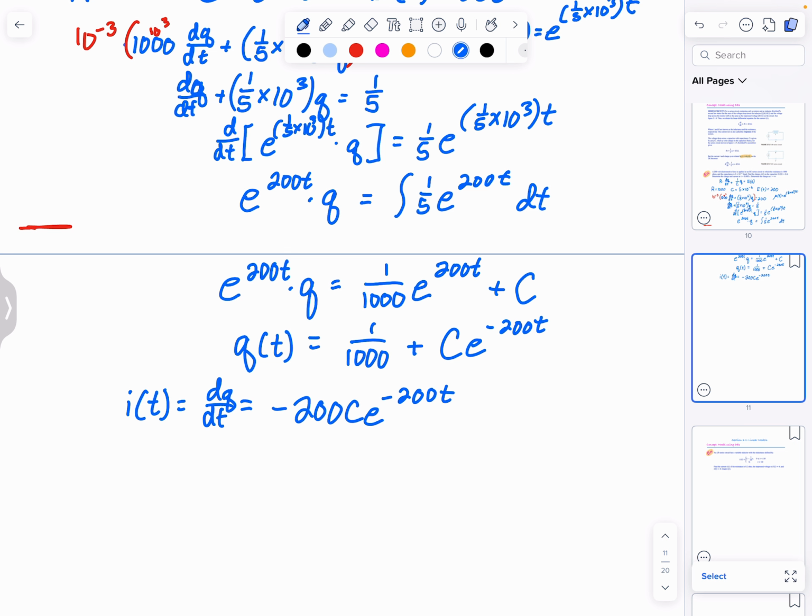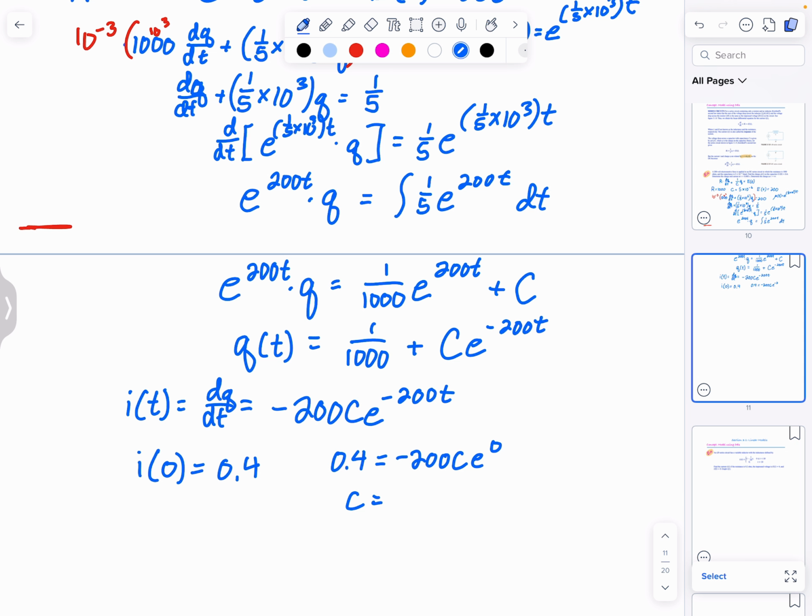The reason I did that is if you go back up, they gave me an initial condition, but with I, not with q. So I'm going to use this initial condition now to find the c. I know it's the same c. So once I find c, I can just plug it back in. So 0.4 equals negative 200 c e to the negative, and it's going to be 0.